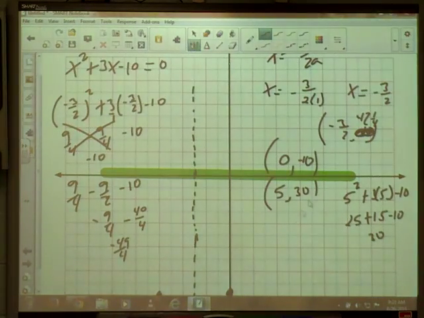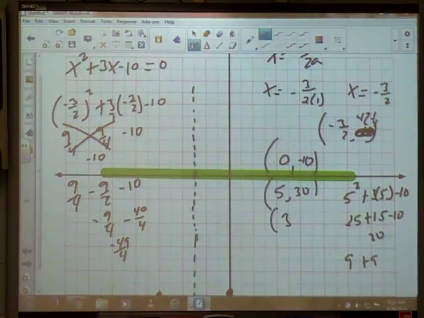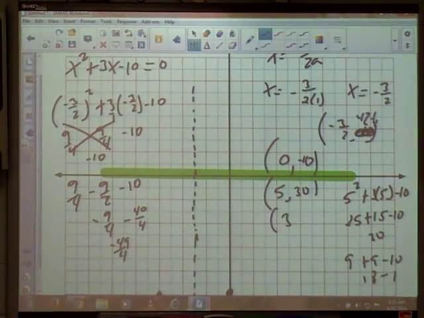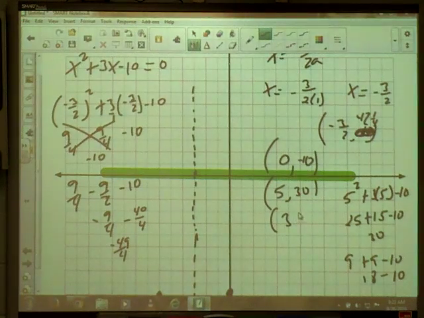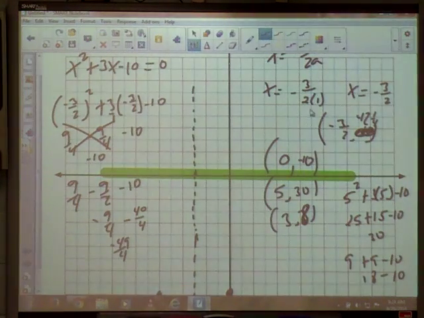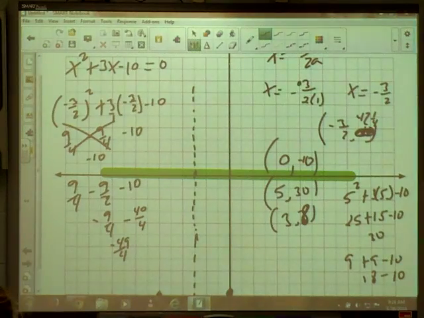So 3. 3 squared is 9. 3 times 3 is 9. That's close. 9 plus 9 is 18. Minus 10 is 8. So 3, 8. So we're getting closer. So this would be over 3 and up 8. So it'd be right there.